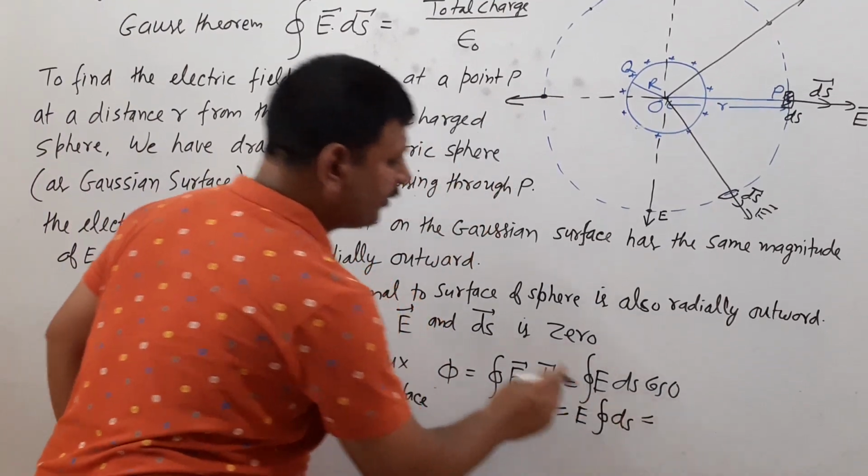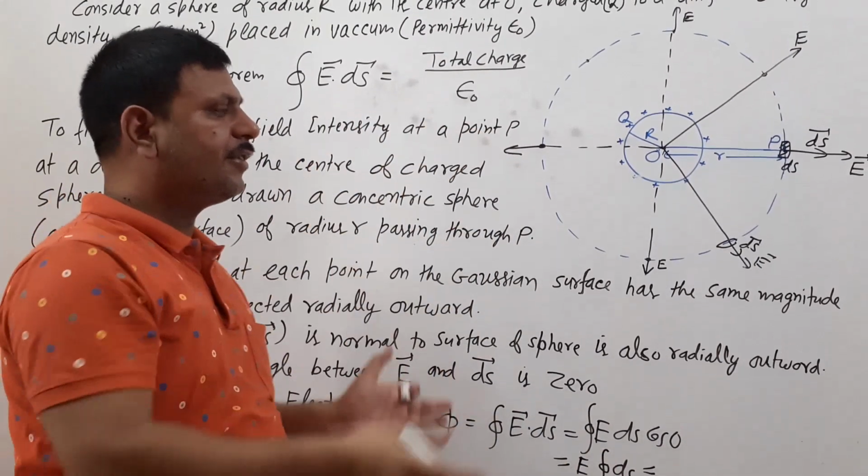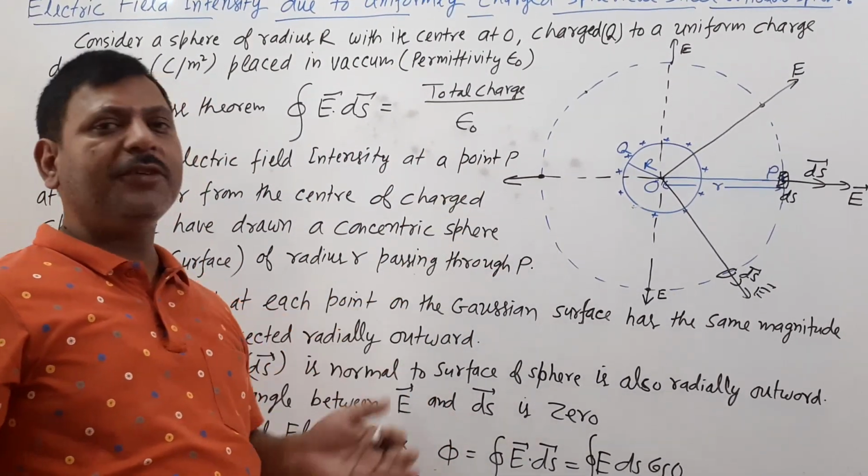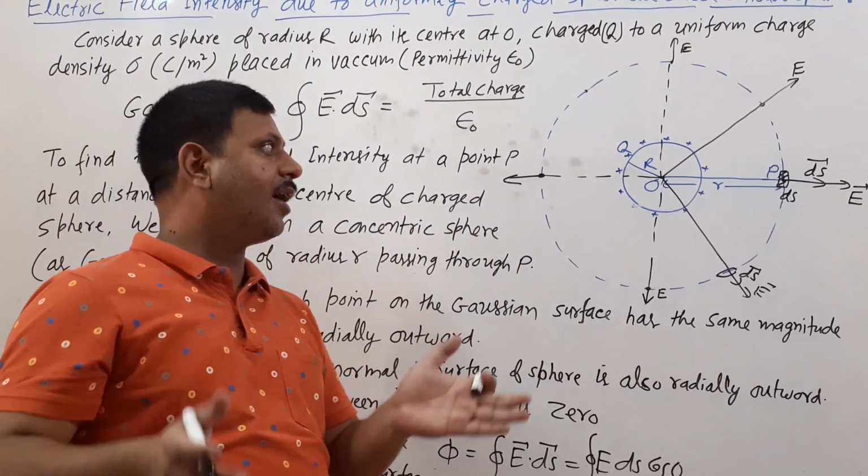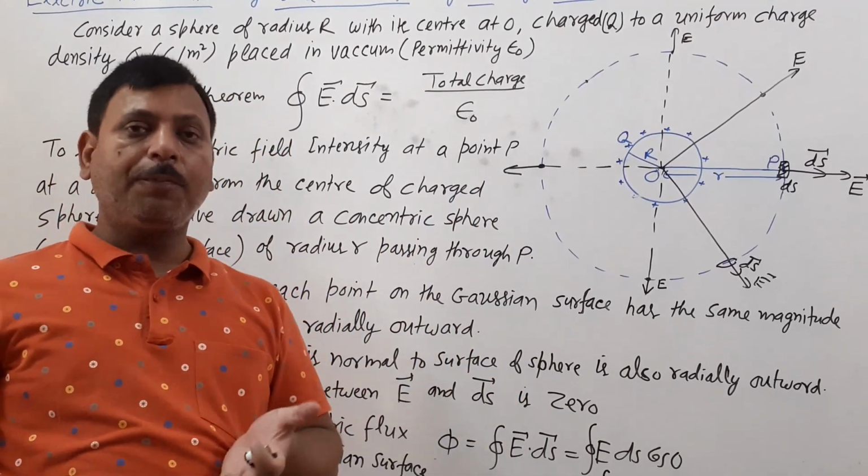So E times the integration of ds, where cos 0 is 1. What will be the total surface? Integration means total surface area. Total surface area of a sphere is 4 pi r square.